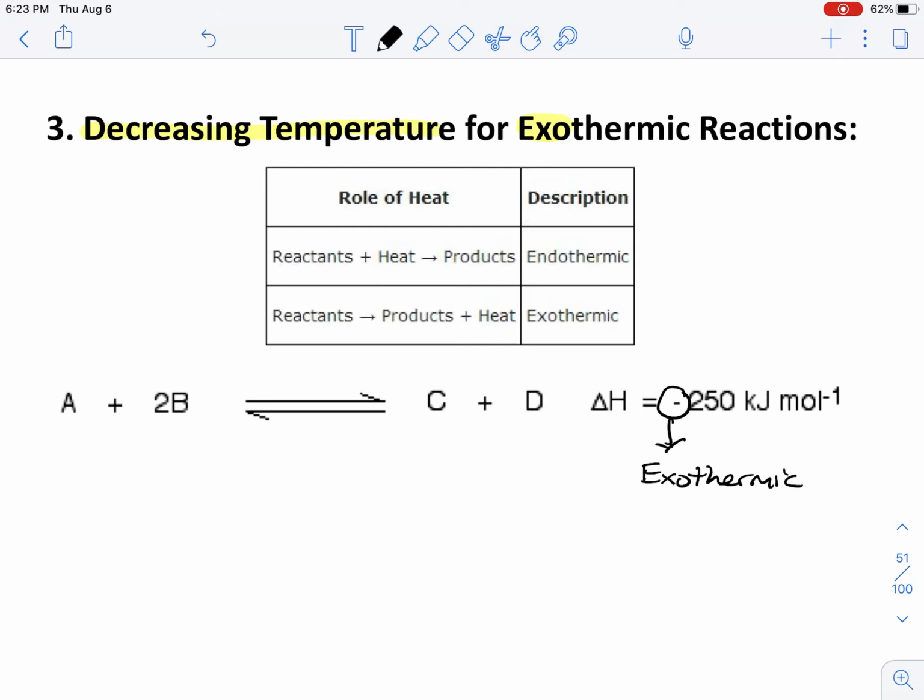And so I'm going to represent exothermic in the chemical equation by writing either delta H or heat on the side of the product.